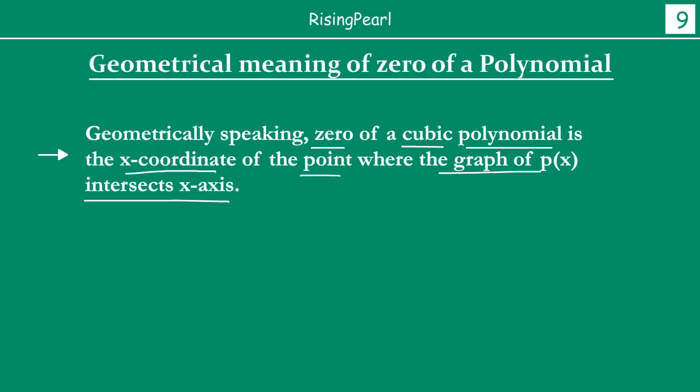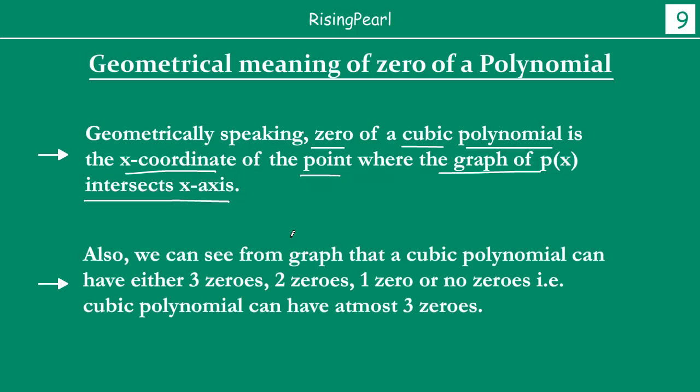And the other important observation to make, friends, is that we see from the graph that a cubic polynomial can have either 3 zeros as shown by our first graph, or 2 zeros, or 1 zero, or it may not have any zeros at all.